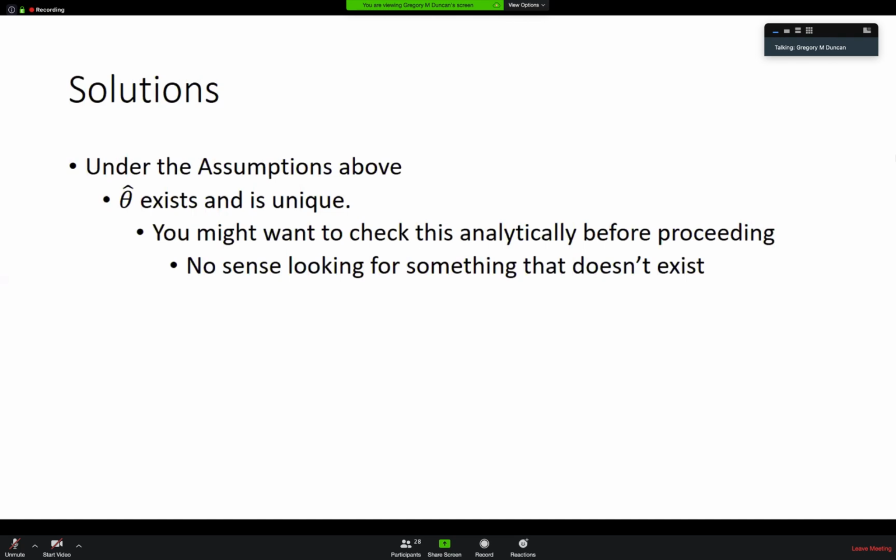You'll start your maximum likelihood program and it won't ever converge. It won't give you an answer. And the problem might not be that you used the wrong algorithm. The problem might be that you have posed a solution that doesn't exist or isn't unique.